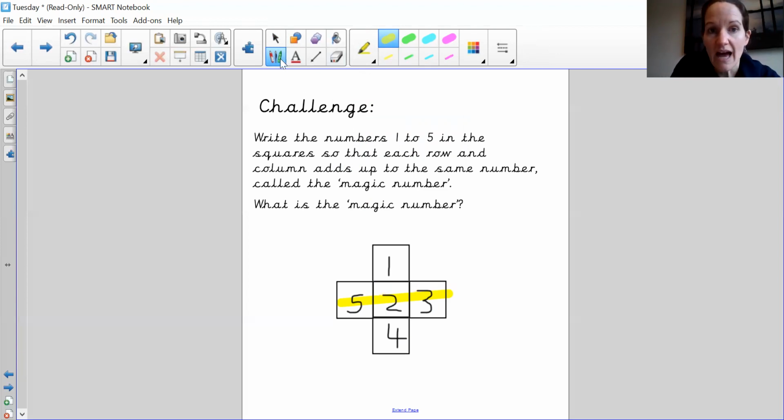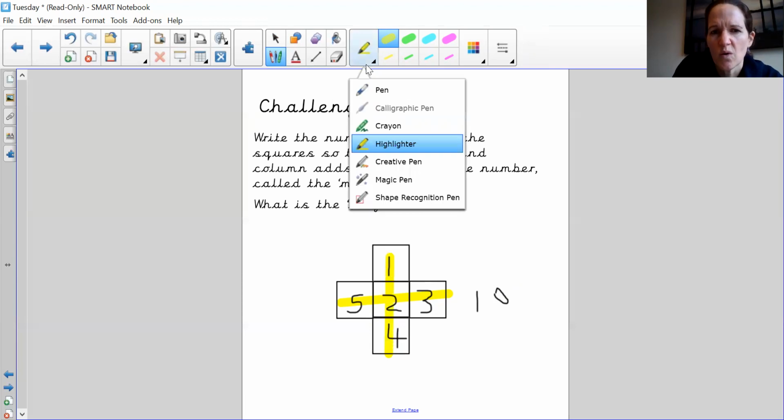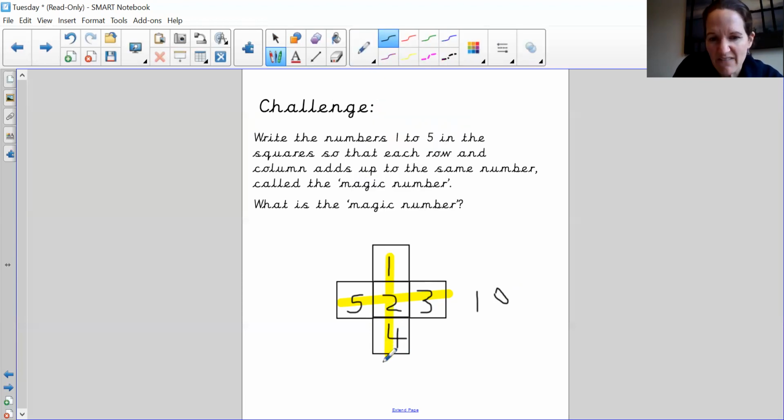So that row equals 10. Now it says the column also has to equal the same number. So this column has to equal 10 as well. So let's do it. 1 plus 2 is 3, plus 4 is 7. Oh, that only equals 7.